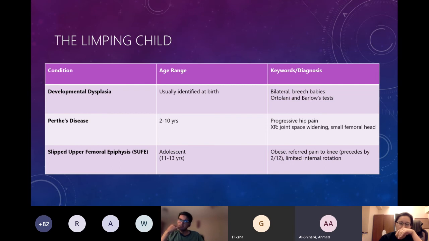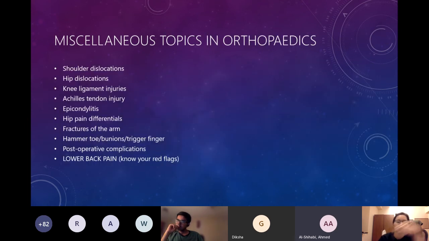I'm pretty sure they'll never ask you management, but maybe they might ask you diagnosis. I've never seen UCL do it before, but it comes up on loads of the question banks, so there's no harm in knowing it. I can't remember the other ones actually, but there are loads of them. But that's limping child.